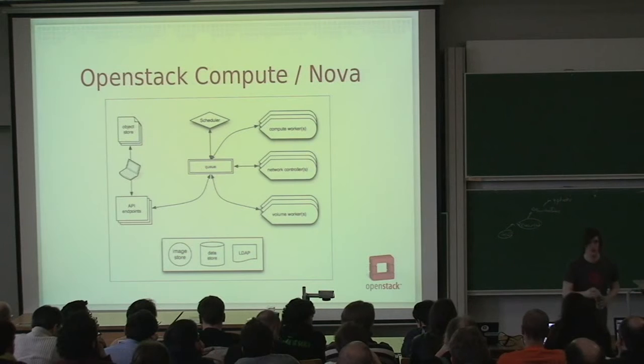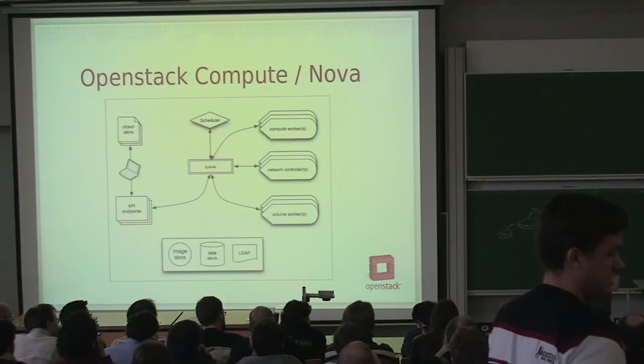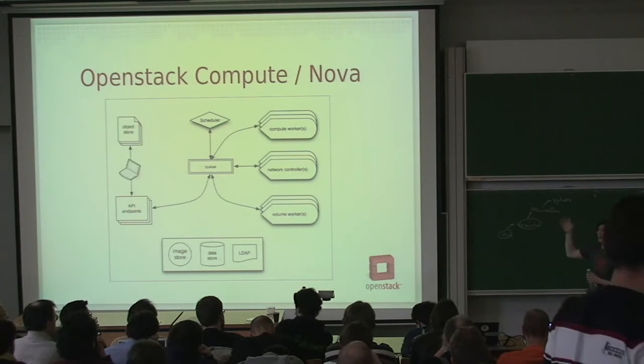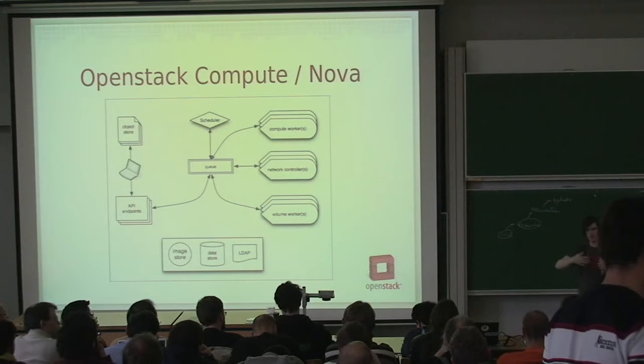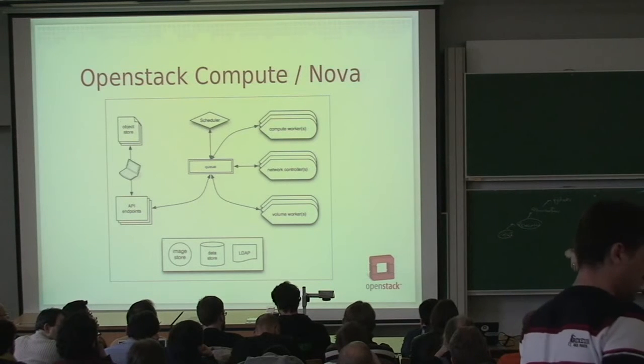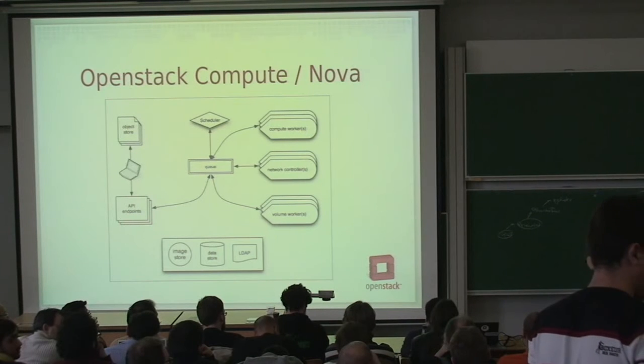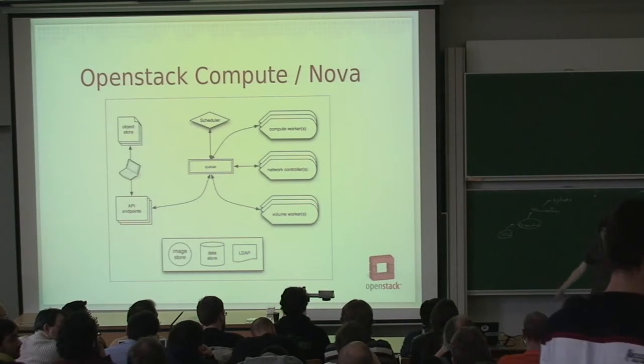Some of the things we do to make sure that this scales is, for instance, we run the firewalls directly on the compute workers so that we keep that very close to the virtual machines, instead of having to rely on a great big firewall that can handle the entire data center.